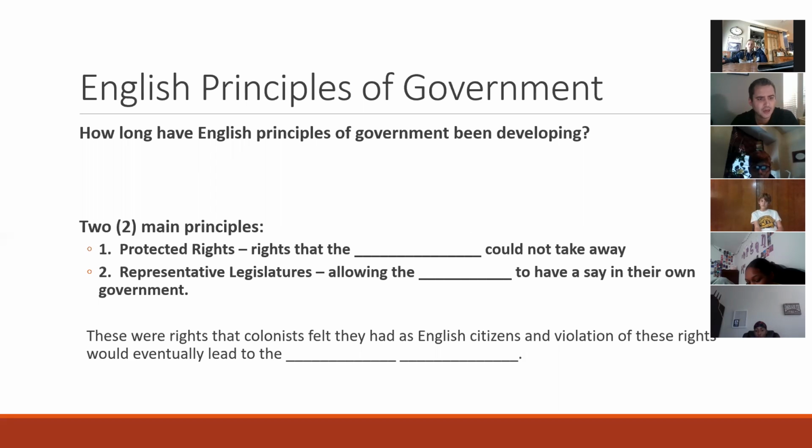Okay. And then representative legislatures. We like having a say in our own government. Okay. Some years more than others. This past presidential election, the voter turnout seems to be around 70%. That is really high.